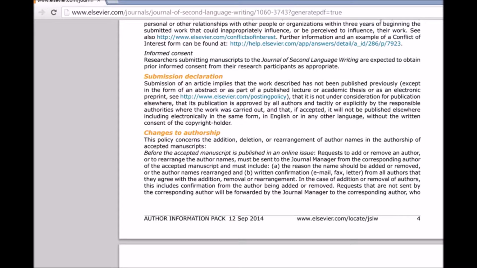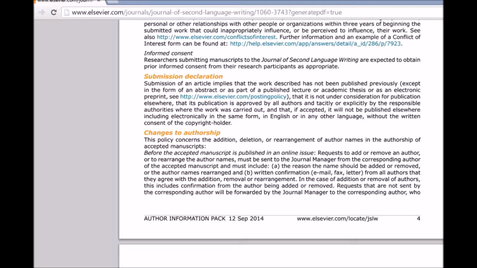Does it mean the paper is on a website? Does it mean that it was published in a proceedings, given at a conference? Journals just vary a great deal. This journal, I don't think, is really primarily focused on publication elsewhere. But other journals might have a much more narrow definition or a much more expanded definition of what pre-publication means.